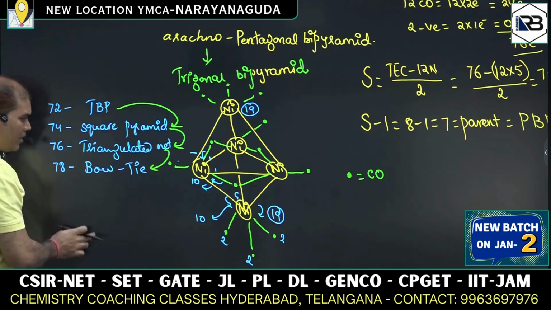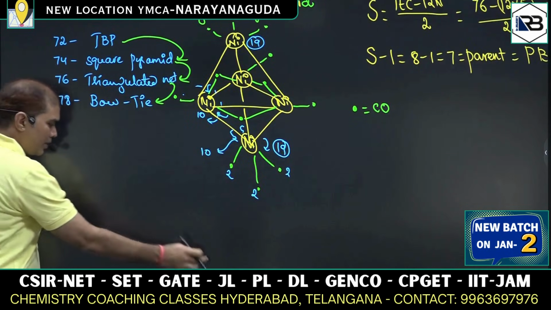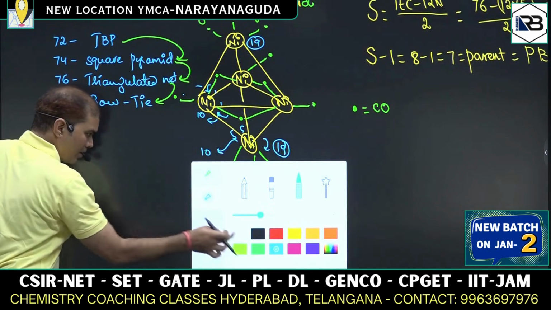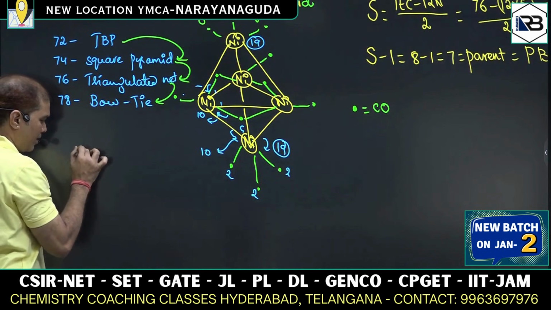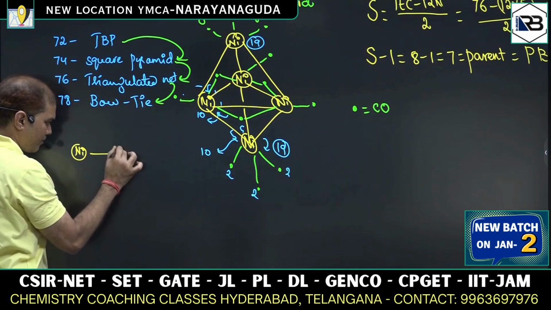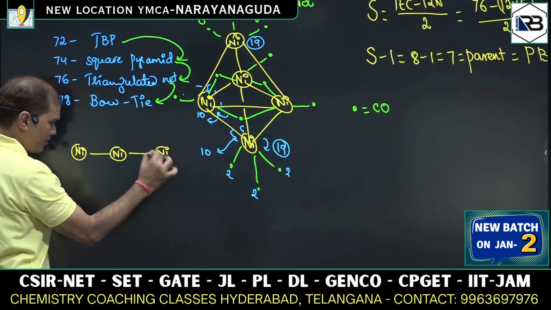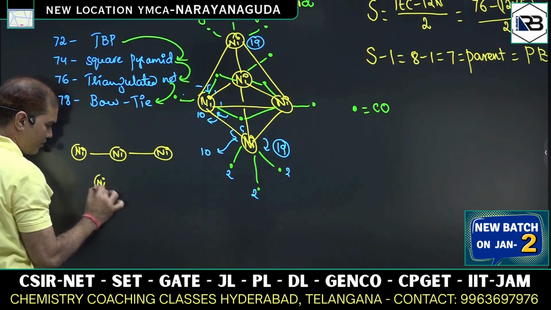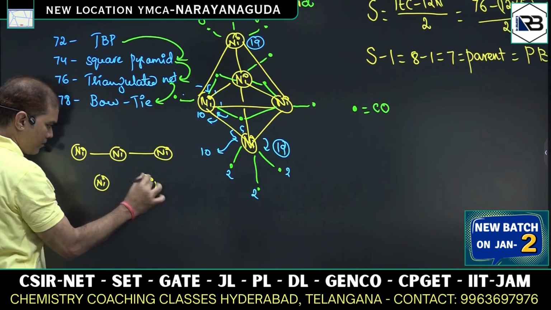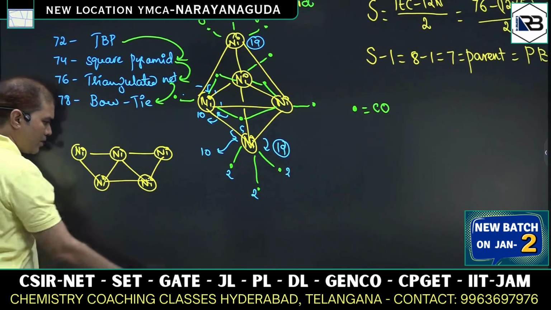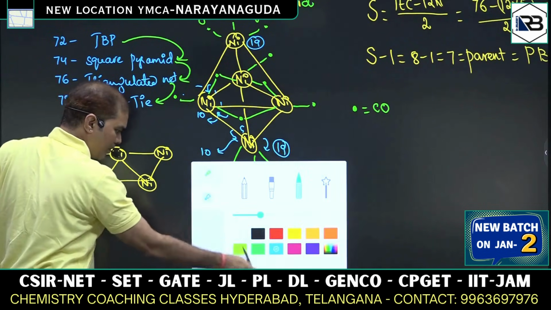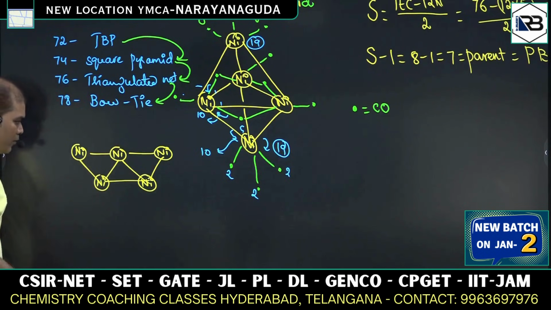Here we got a total electron count of 76, so if it is a triangulated net, let us draw the structure of the triangulated net. If this is the structure of the given cluster, let us account for the electrons.